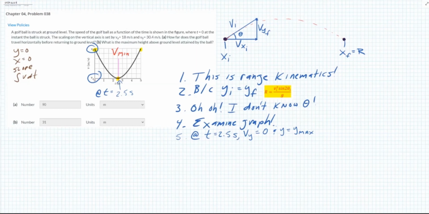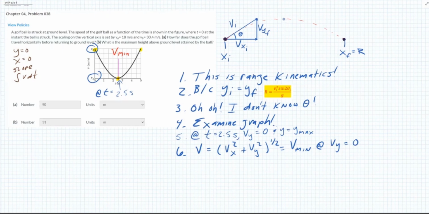So that's a big deal. I can use that. Number 6, because V equals, you guys have seen this before, because I have an x component and a y component. You guys have seen this a whole bunch of times. V equals V min at Vy equals 0.